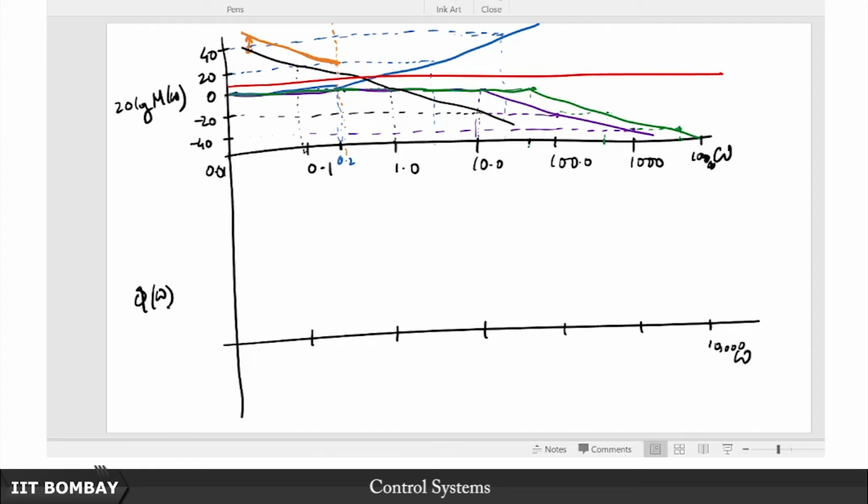What about this integrator? The integrator keeps decreasing, but the magnitude by which the integrator decreases from this point onwards, that is from point 2 onwards, is exactly the same magnitude. So you see, at any point here the magnitude contributed by this blue line is exactly what is being taken away by this black line, because they are both rising and falling at the same slope.